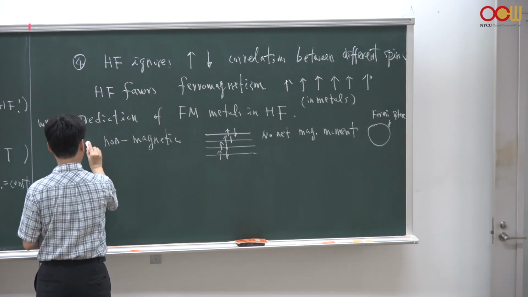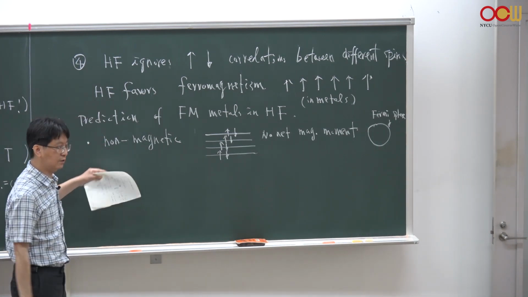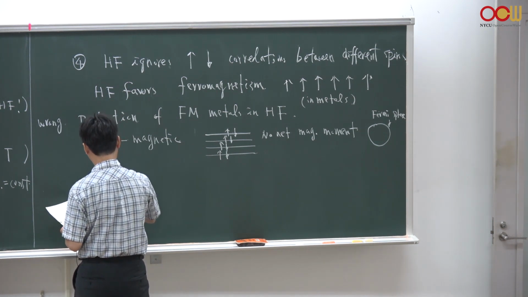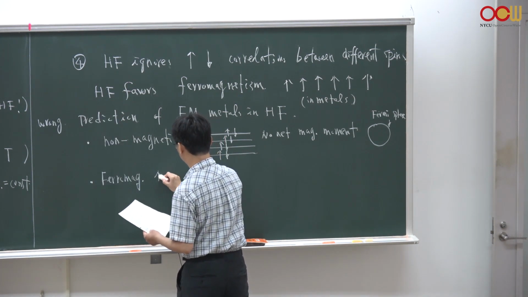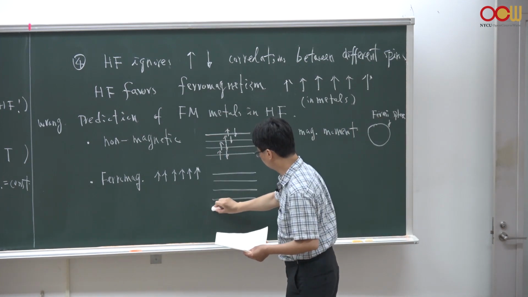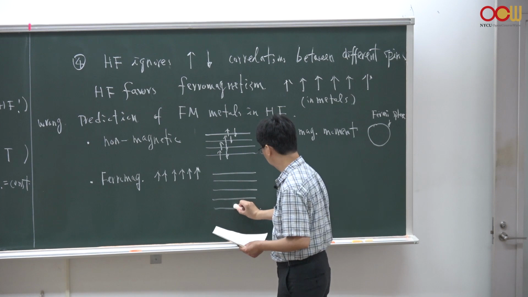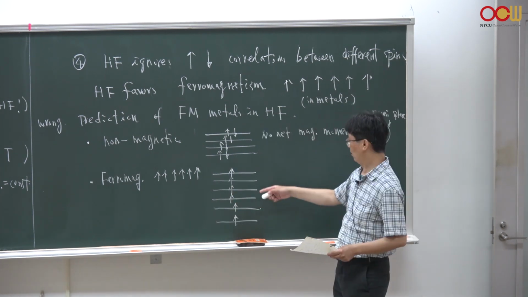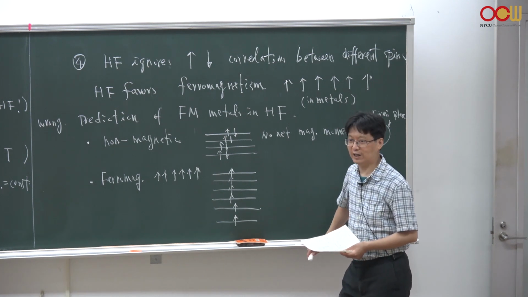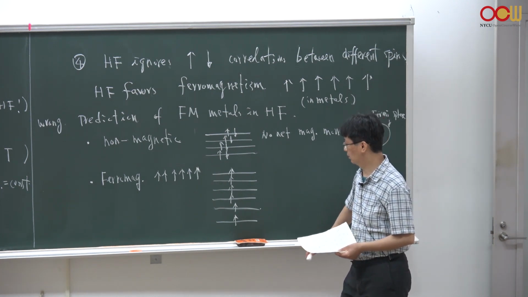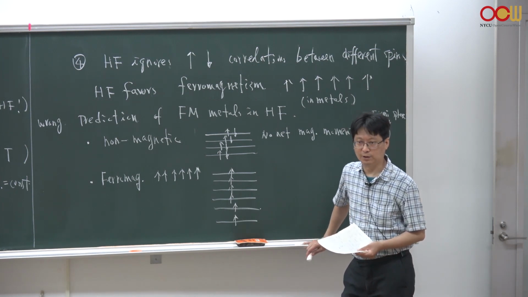But in contrast to these non-magnetic metals, the Hartree-Fock theory favors the ferromagnetic metals in a way that all electrons can only occupy singly in these energy levels, so there is no double occupancy, so that all the electrons are singly occupied, so that it has the maximum number of fully polarized spin moment.